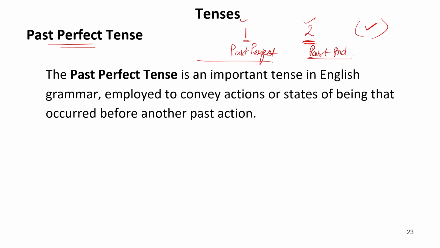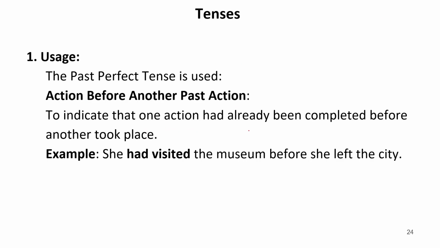The past perfect tense is an important tense in English grammar, employed to convey actions or states of being that occurred before another past action. It is used to indicate that one action had already been completed before another took place. This is very, very important.